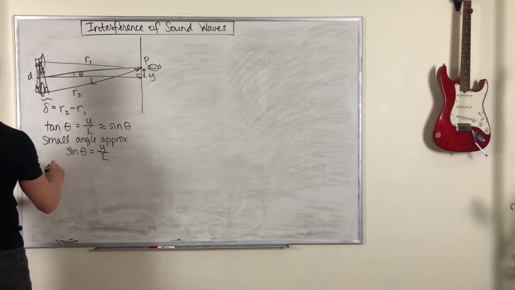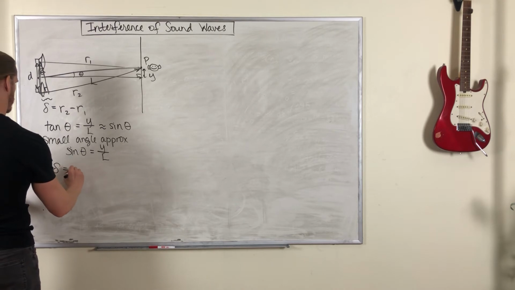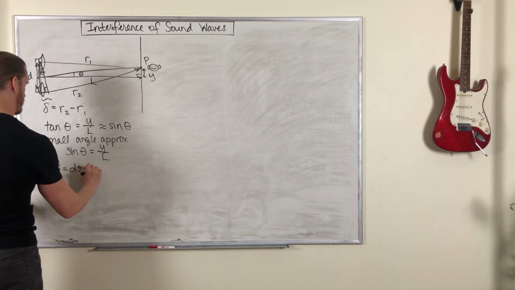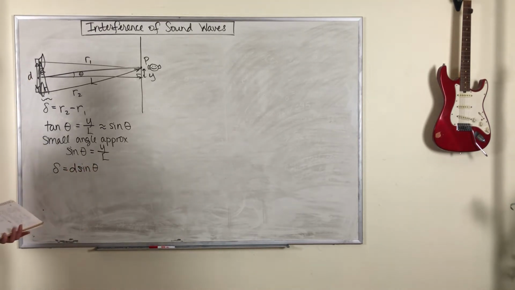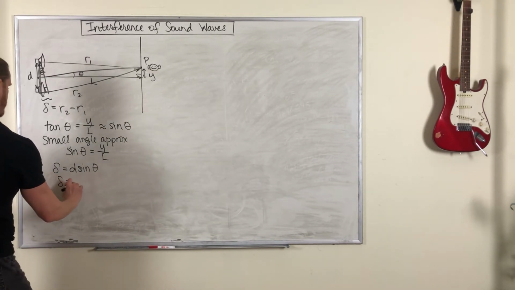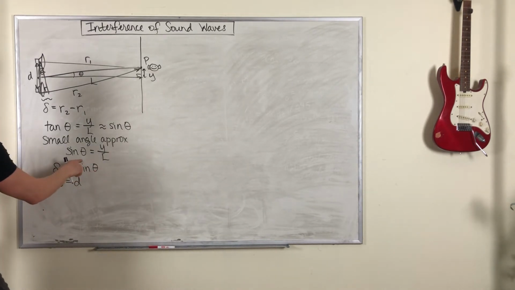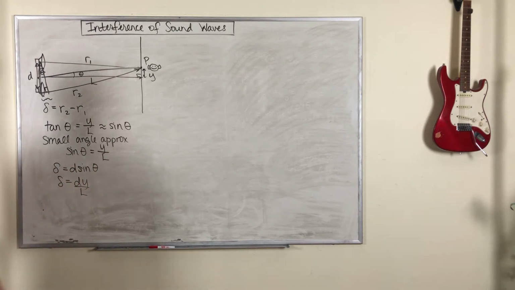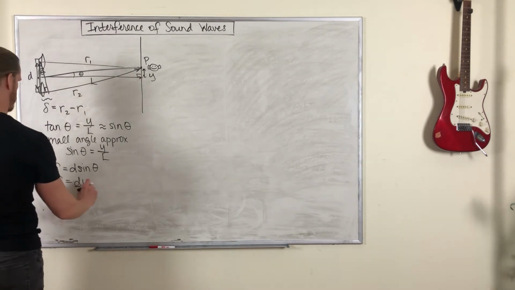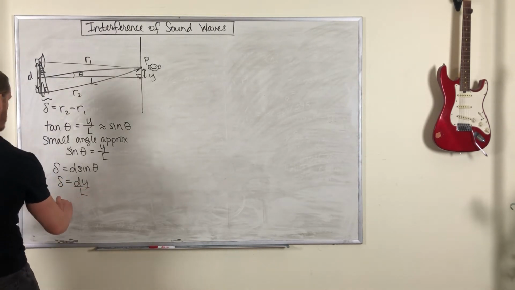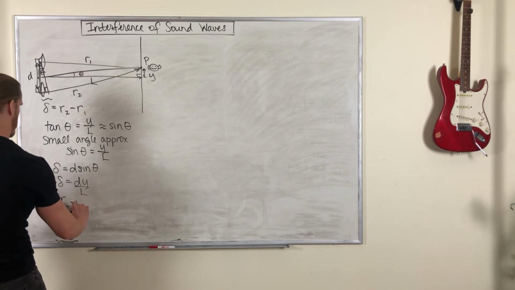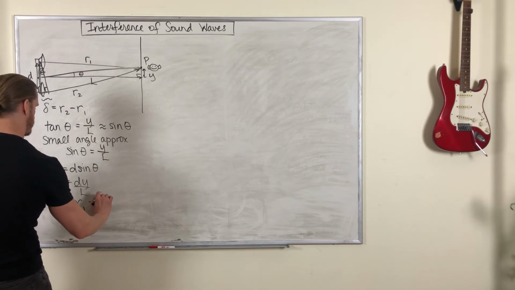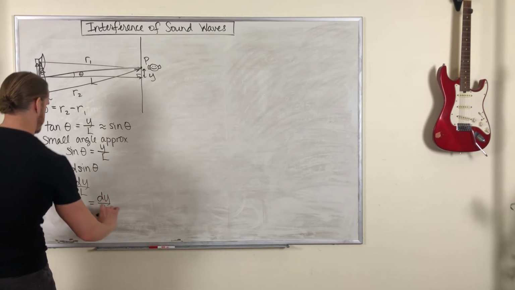You see this right triangle? So we have delta equals D sine theta, or delta equals D times y over L, but this delta was our R2 minus R1, our path length difference.